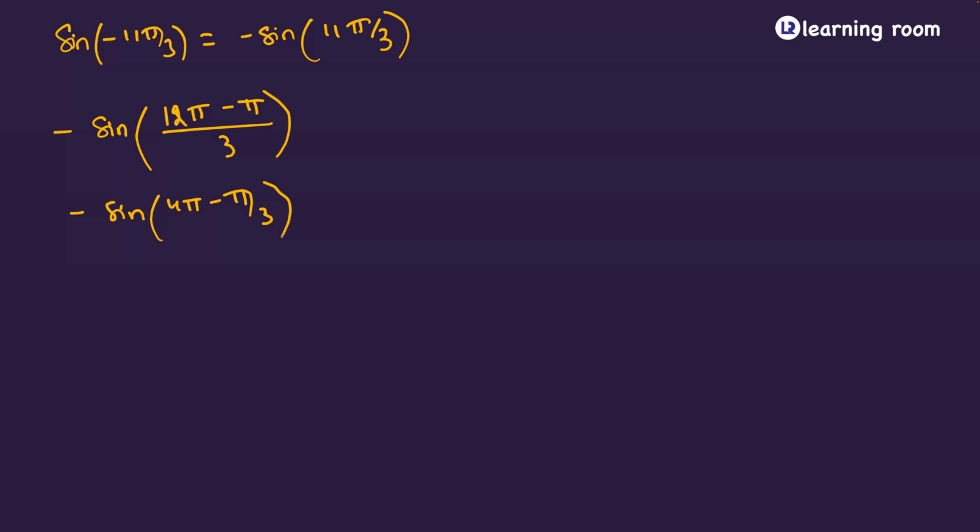Minus pi by 3 is fourth quadrant. So minus is there. Since you are coming into fourth quadrant, sine will become minus sine. Minus sine of how much? This angle. So sine of, answer.